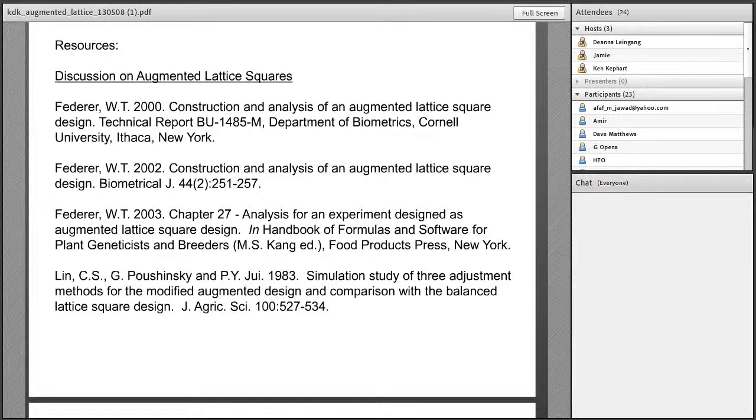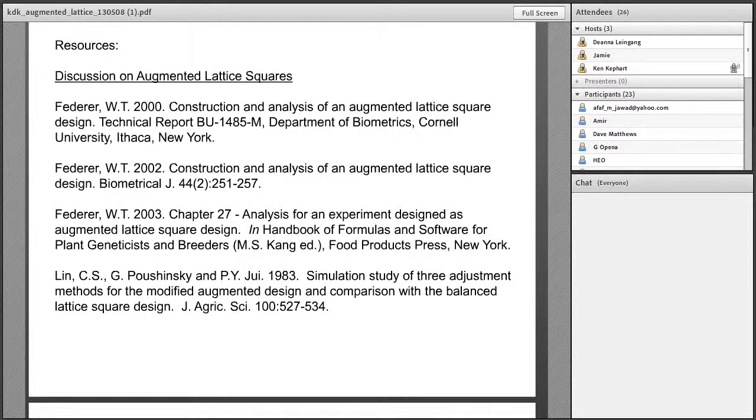He proposed augmented lattice squares towards the tail end of his career, and has a number of publications. Like a lot of things that Dr. Federer published, some of these publications are missing little snippets of things that combined together. All three of those publications do a good job of describing the implementation of an augmented lattice square.